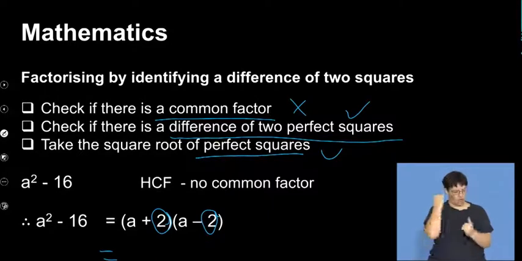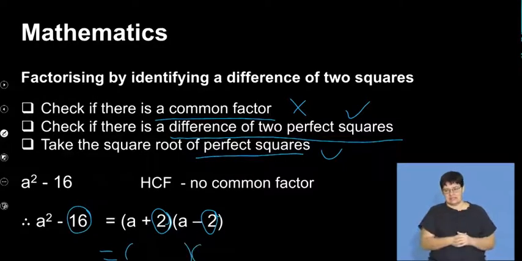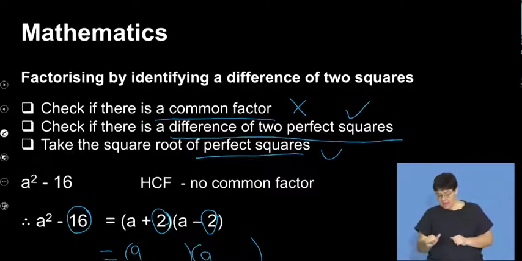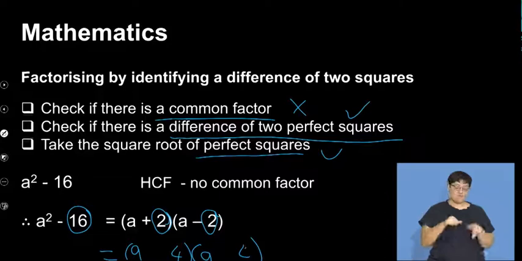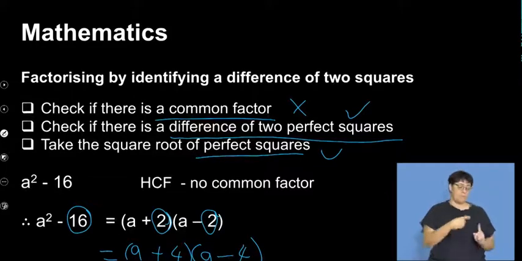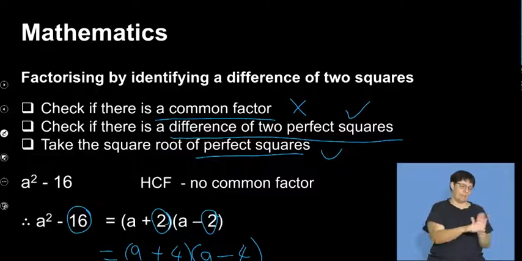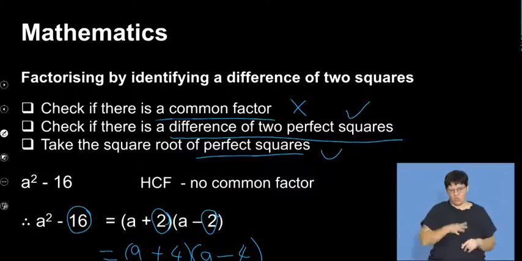You must use the actual factors of the 16. So the actual answer here will be a and a. For 16, it will be 4 and 4. And then lastly, it will be plus and minus, right? Remember, it can also be minus and plus. It really depends on how you want to then do it.